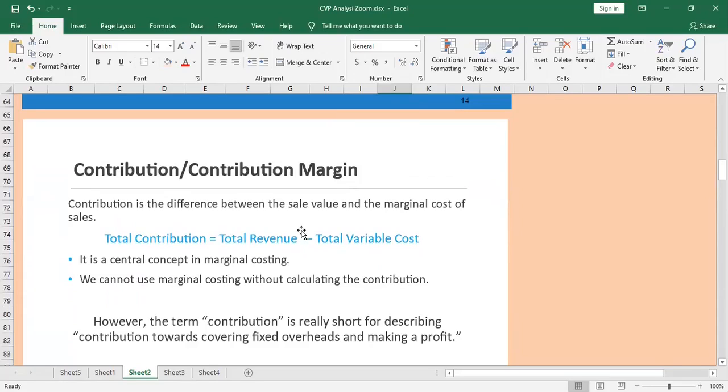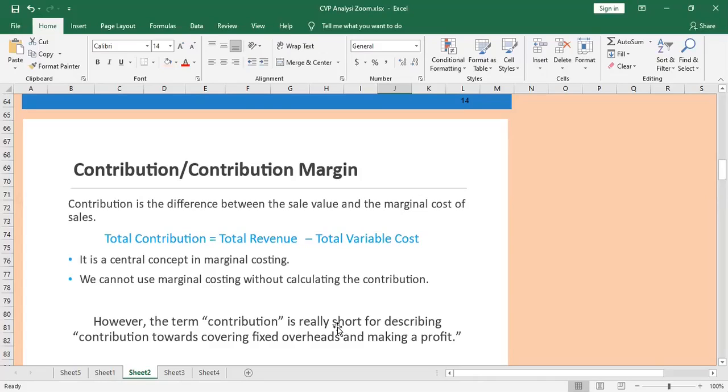The total contribution is equal to the total revenue minus total variable cost. Right? So this contribution is the central or key terminology when it comes to CVP analysis. So you will always have to calculate contribution if you want to do this type of analysis, right?